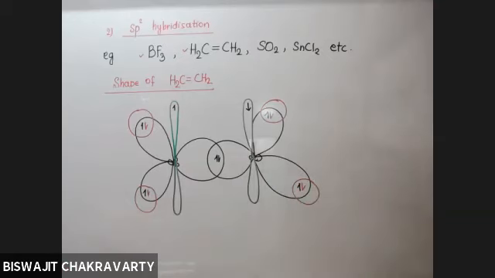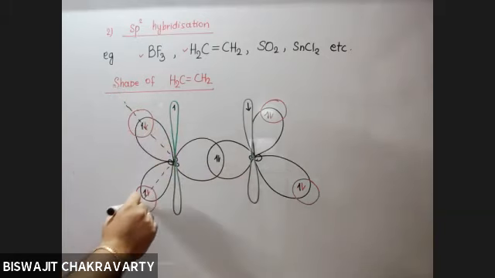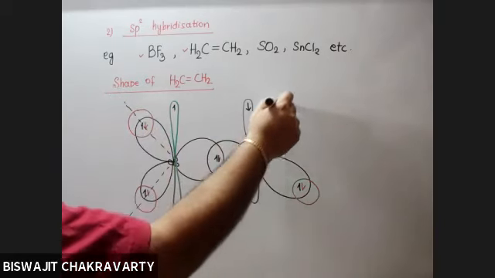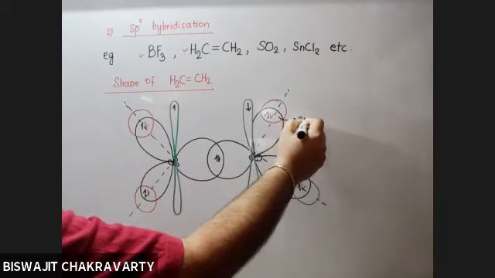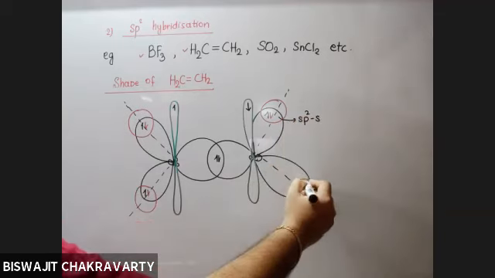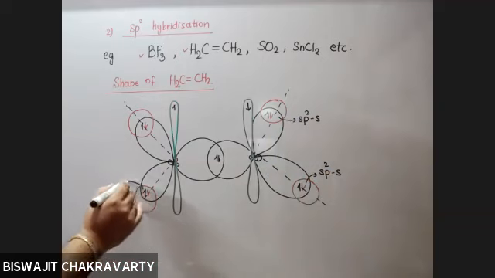So how many carbon-hydrogen sigma bonds are formed? 4. And what is the nature of these 4 sigma bonds? sp2-s. Very good. So all these 4 are sp2-s sigma bonds.